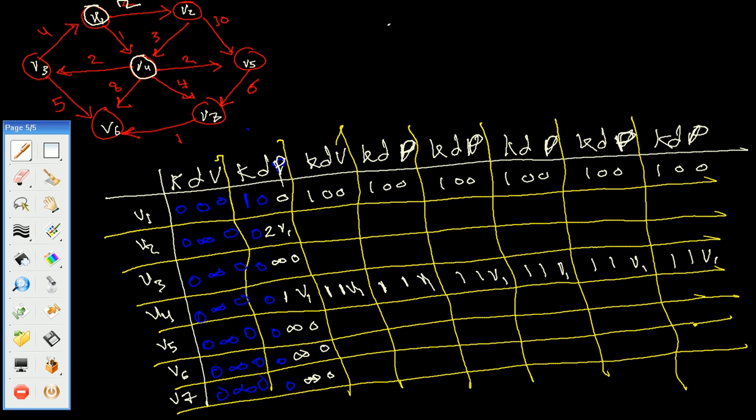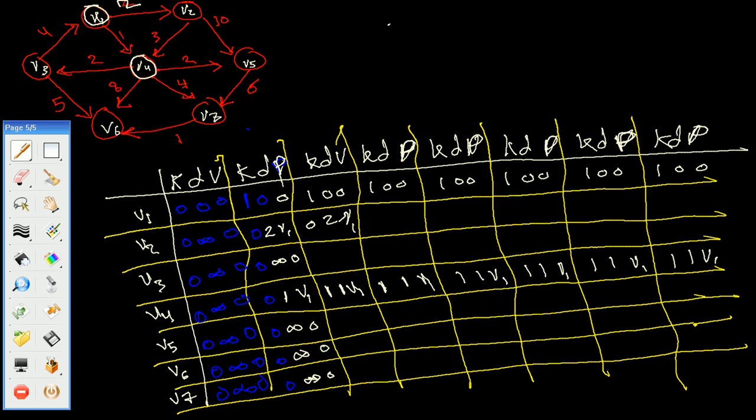So we need to move to the next edge. We can move V4 to V3 or V1 to V2, but it's better to start from the beginning. So V1 to V2: 0, 2, and V1.